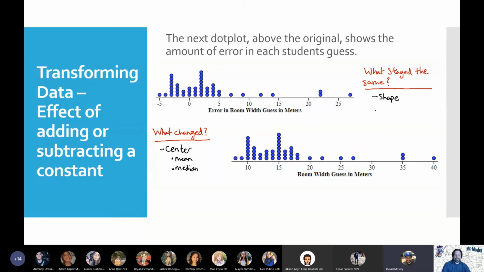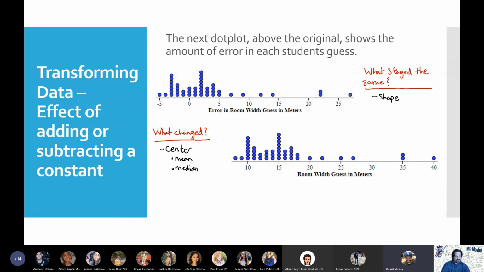So remember, the range and the IQR, those are just numbers, right? For the range, I take the maximum minus the minimum. So that would be 40 minus 8 for the guess in meters, which would be 32.